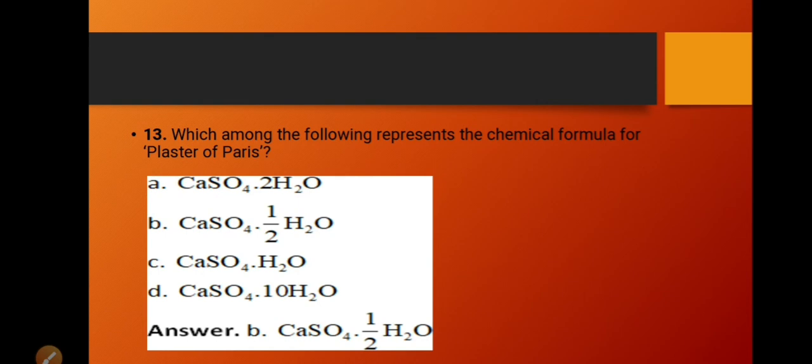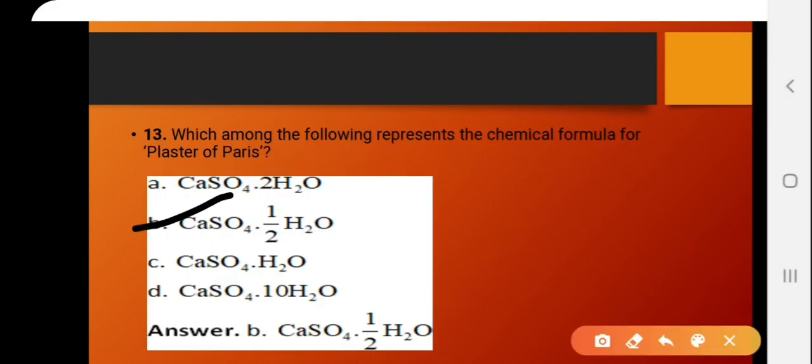It is a very important question, so please learn the reaction for the formation of plaster of Paris from gypsum clearly and properly. So the correct answer is CaSO4 dot half H2O. B is the correct answer.